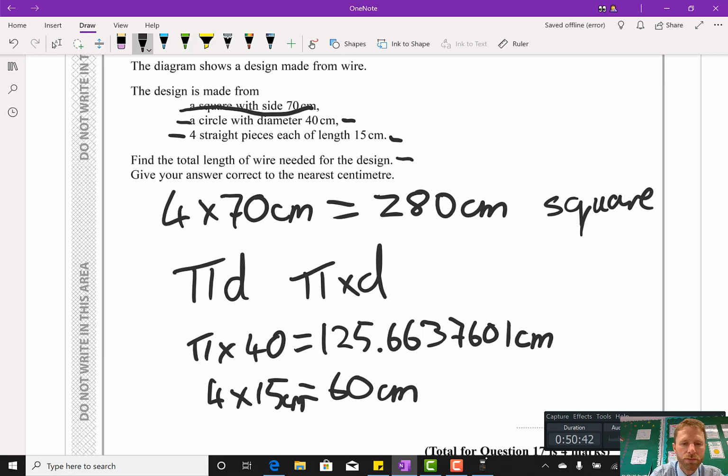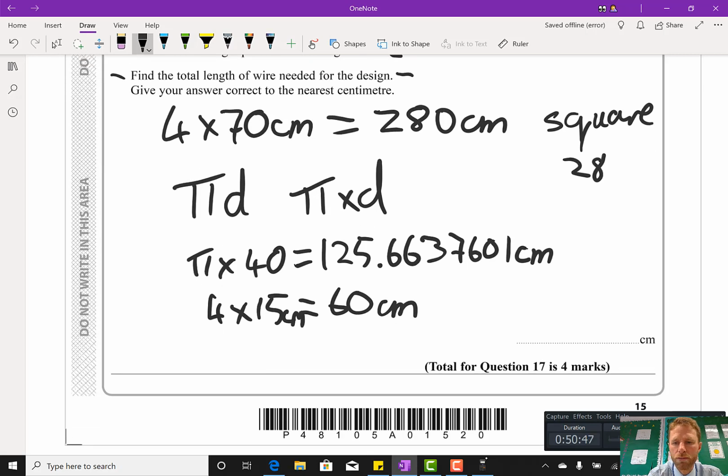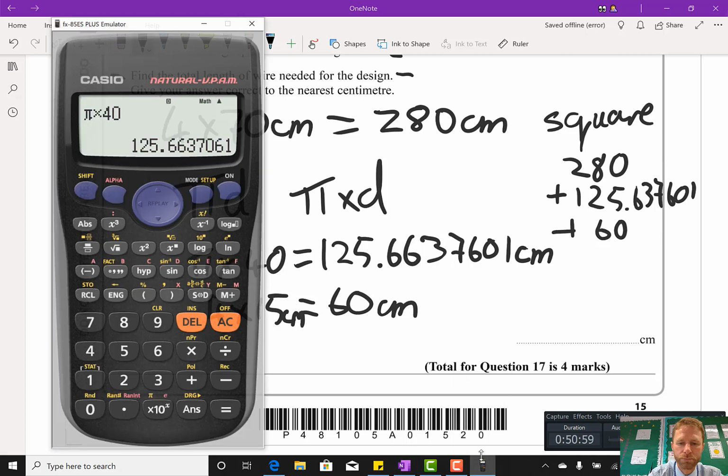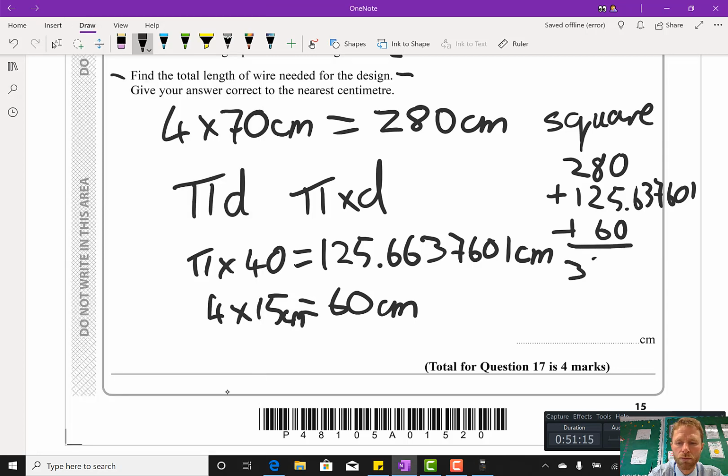So, these need adding up. 280 plus 125.637601 plus 60 equals 365 and the bits.